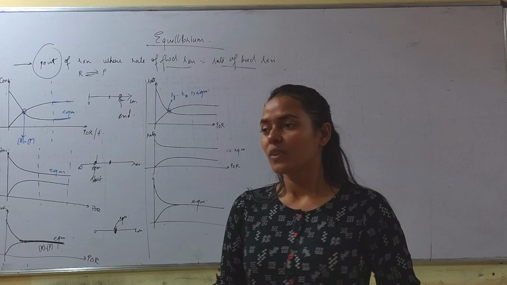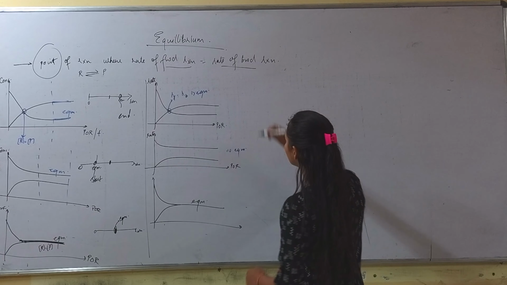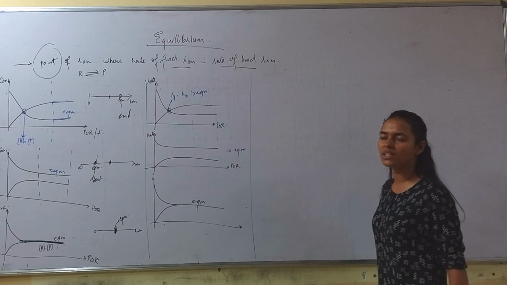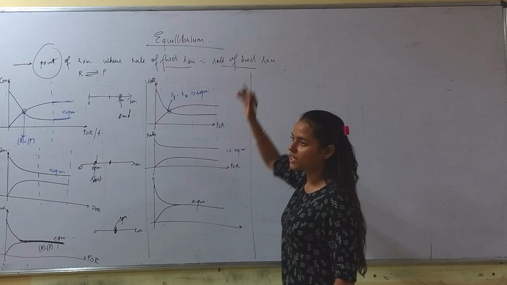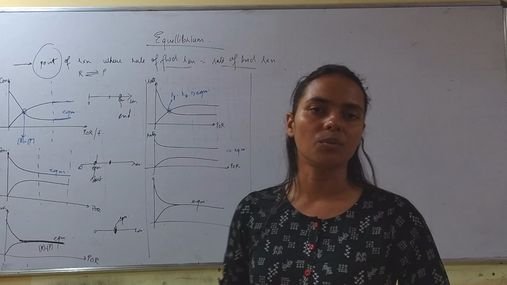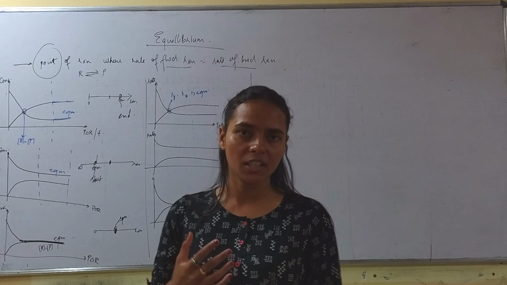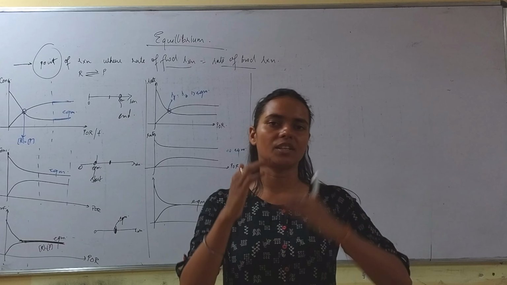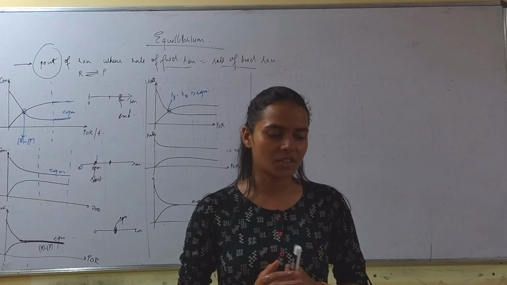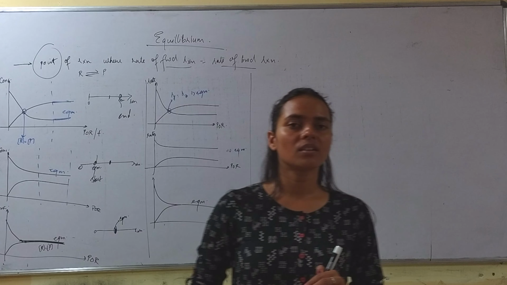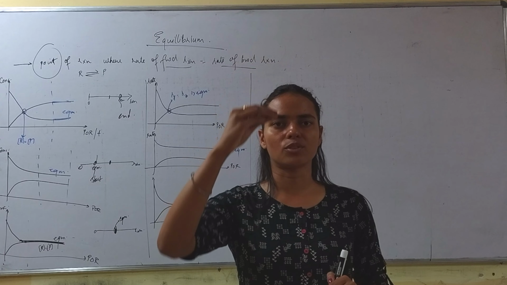Right? Now, if you see, we have three types of equilibrium. We have physical equilibrium, then we have chemical equilibrium, and then finally we have the ionic equilibrium. Okay. For the physical equilibrium, it is the physical states that we have to see, from gaseous to liquid, and from liquid to solid, or from solid to gaseous equilibrium.